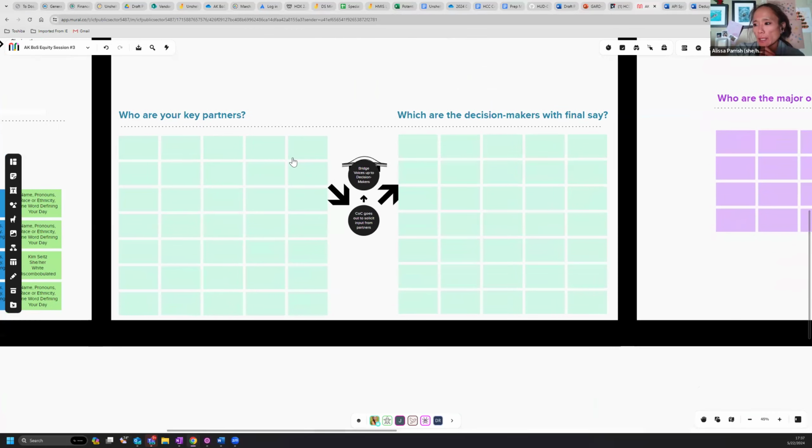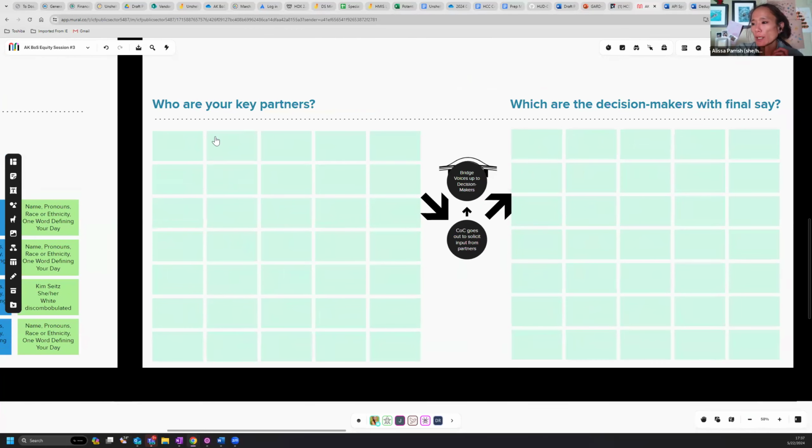Okay, let's go down here to our left. Who are your key partners in the work that you do, specifically within funding decisions? Who do you advocate to? Who do you have a voice with? Who are they?